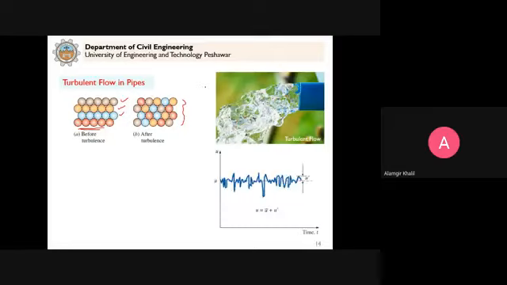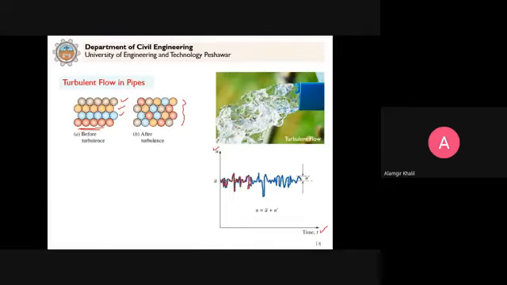Now in turbulent flow, let's say u is the velocity in x direction. If I consider that velocity with respect to time, you can see that this velocity is changing. These are the fluctuations of the velocity along the x direction. Similarly, it will be in y and z direction.